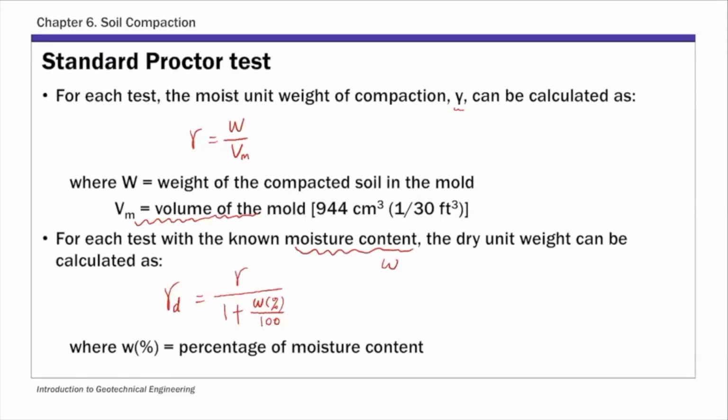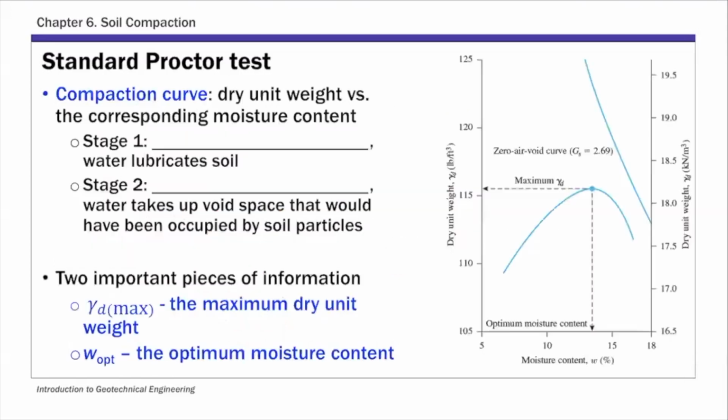So you repeat this process for soils with different moisture content, and the results are plotted in the compaction curve. Let's look at this compaction curve in more detail. On the right-hand side, this picture is an example of a compaction curve.